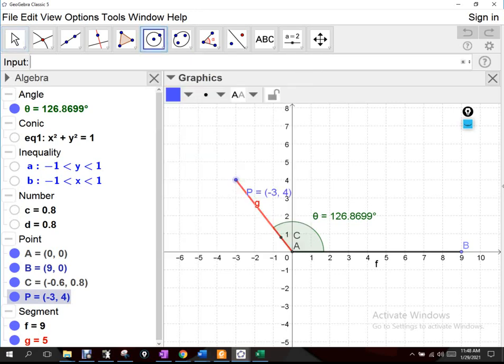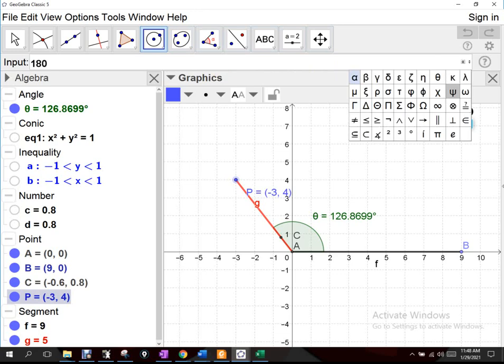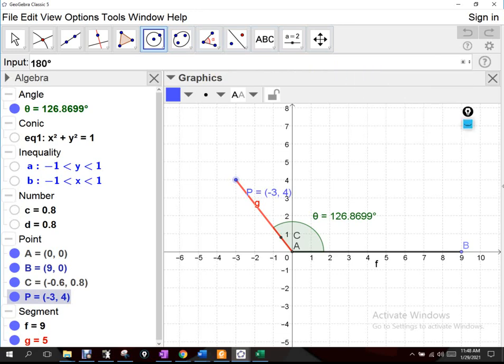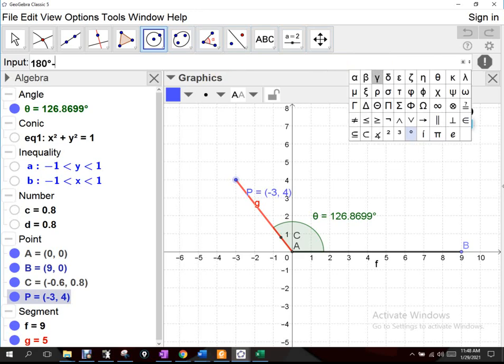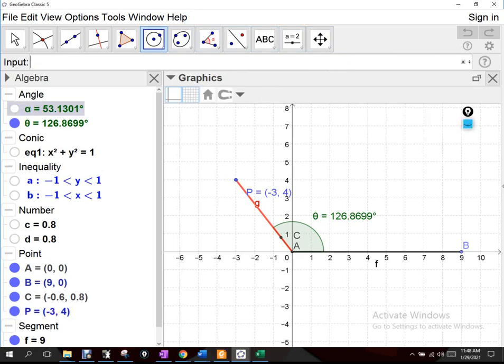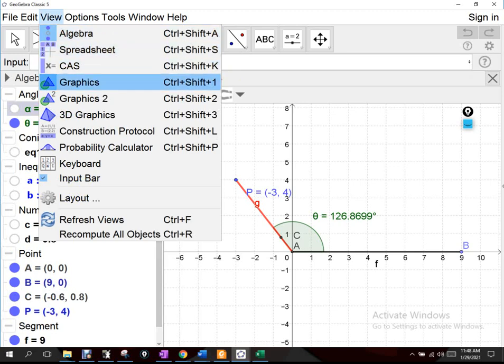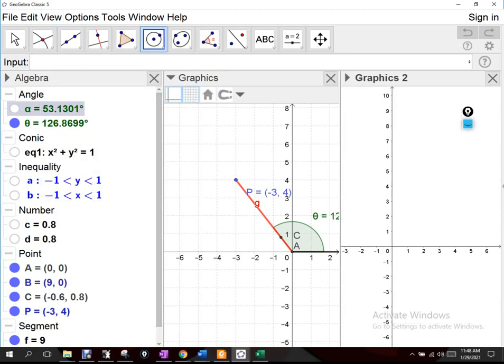So I'm going to say 180 degrees minus theta, and it gives me 53.13 degrees, right? Okay, let's see if we can do this in another window, to make it a little bit easier to visualize.